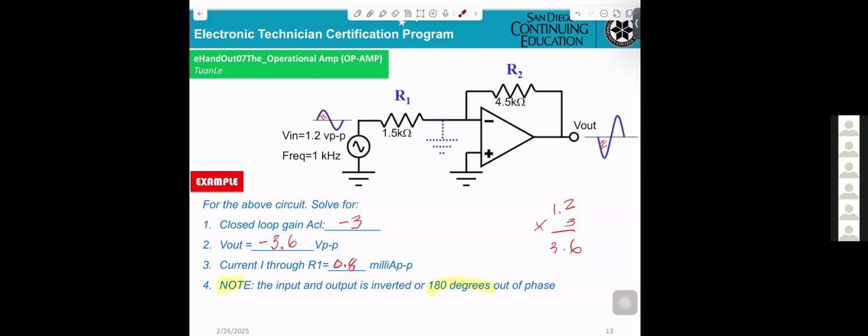You get minus 3.6 V peak to peak. Okay. The minus sign tells you if the input is positive, the output is negative. If the input is negative, the output is positive. That means input and output are 180 degrees out of phase. Okay. Note the input and the output are inverted, 180 degrees out of phase.